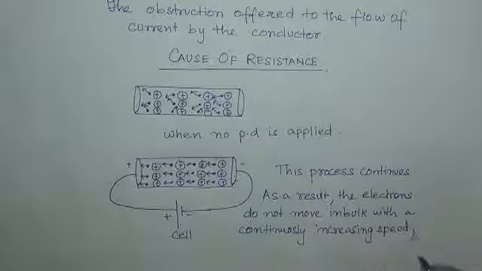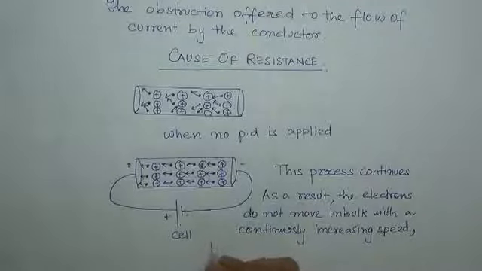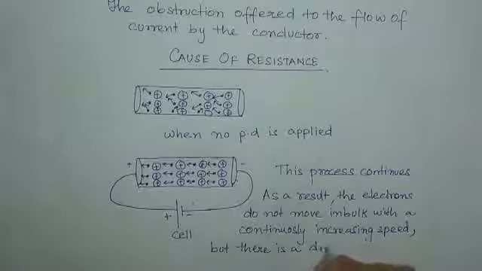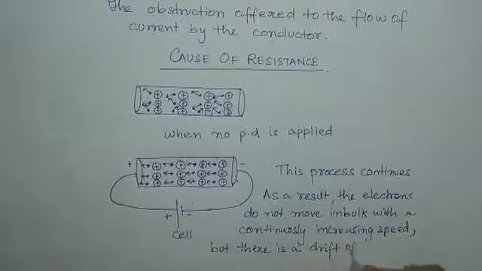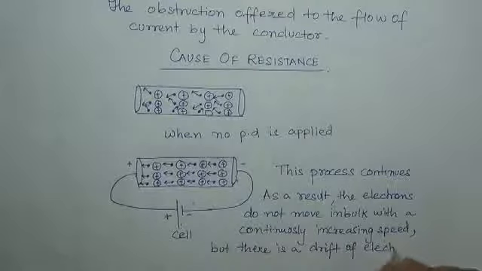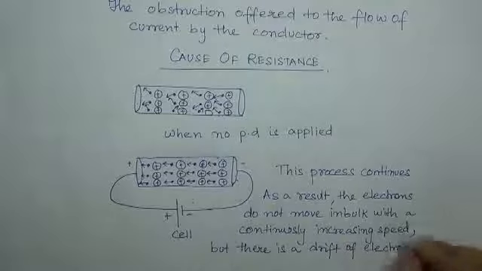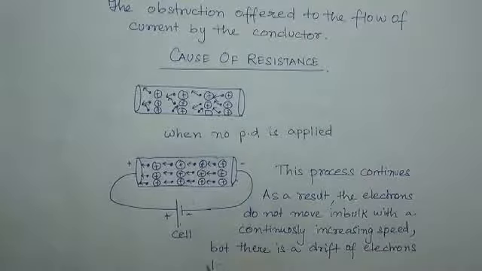They drift. So there is a drift of electrons towards the positive terminal.